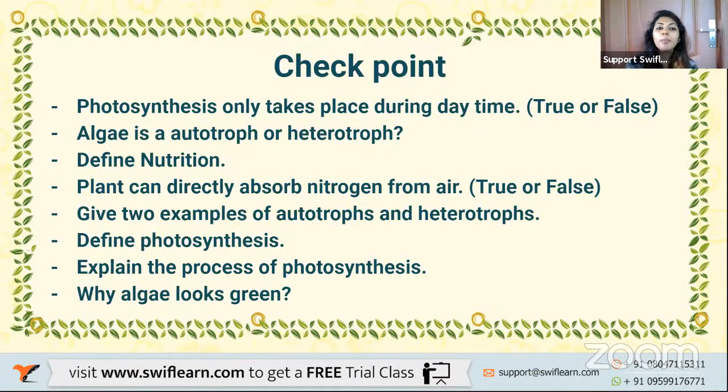Okay. So now, plants can directly absorb nitrogen from air. True or false? Who will tell me the answer for this? Okay, I'm looking for answers. Let's see who will get the points this time.